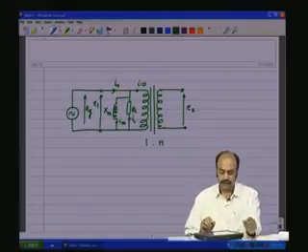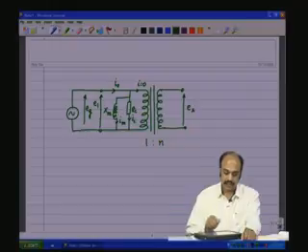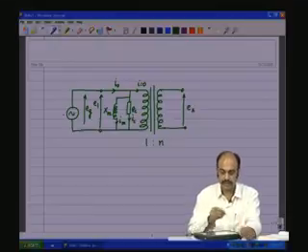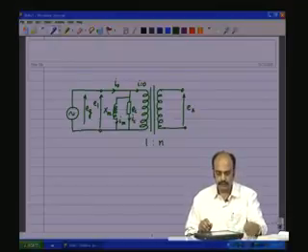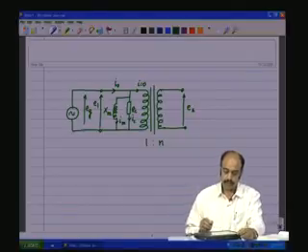Now, at this point let us formalize some notations. We have been interchangeably using uppercase for the voltages, lowercase for the voltages, uppercase for the currents, and lowercase, without being very consistent till now.